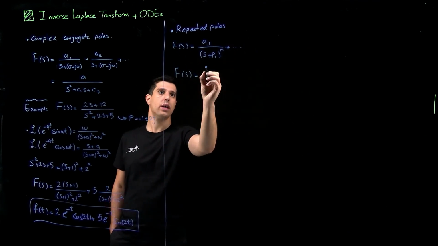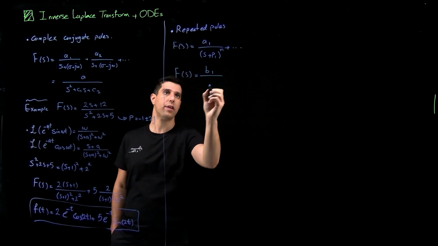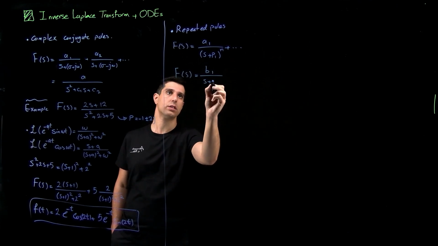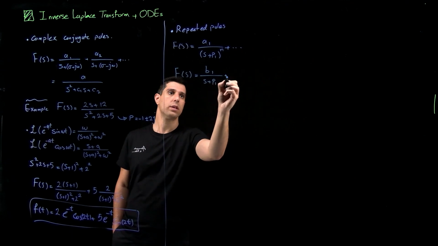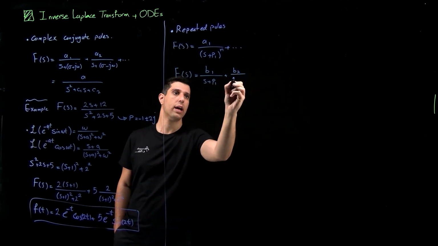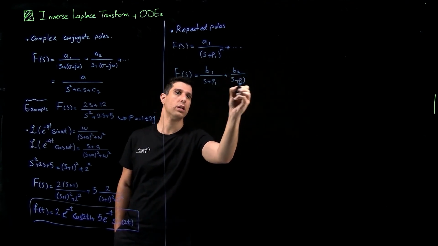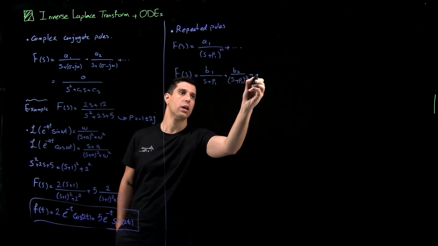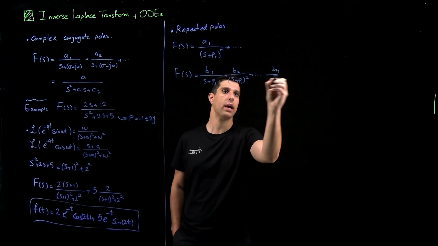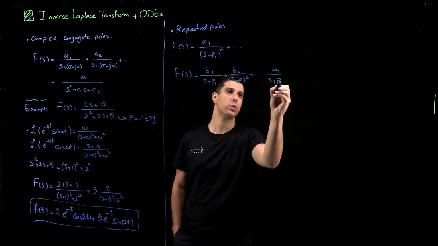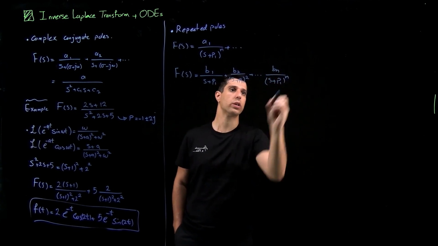I'm going to write it as another set of fractions: b1 over s plus p1, plus b2 over s plus p1 squared, until we reach the order n, bn over s plus p1 to the power n.